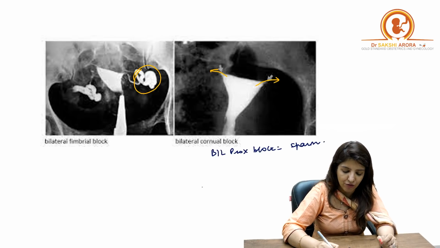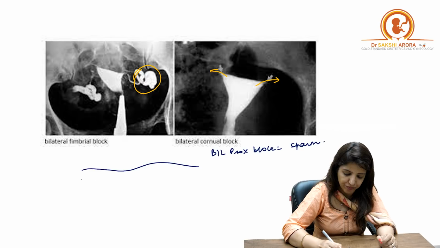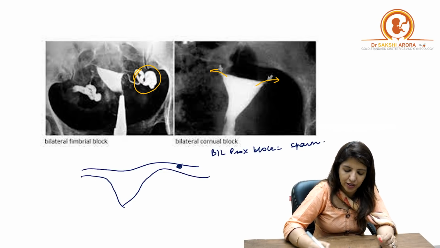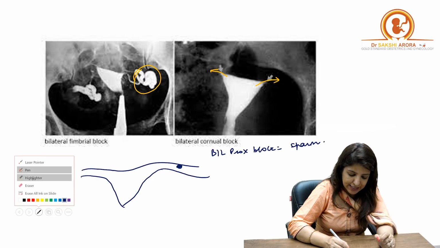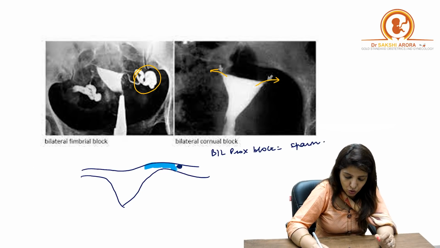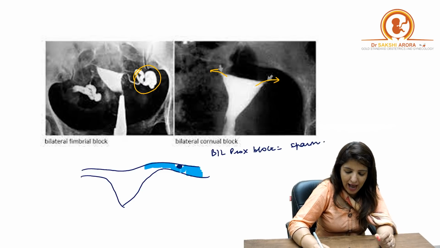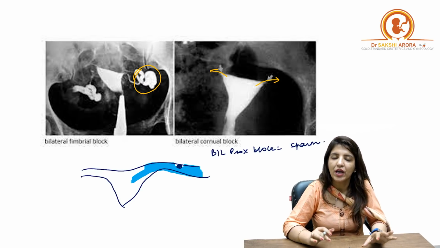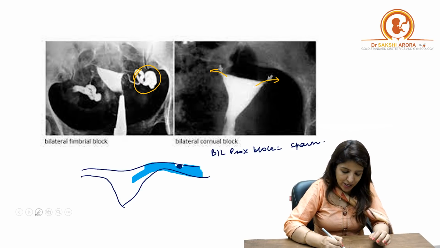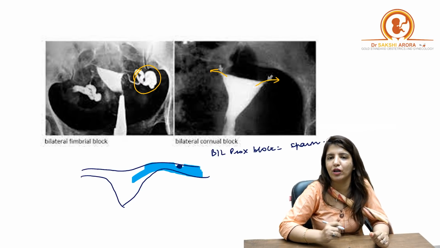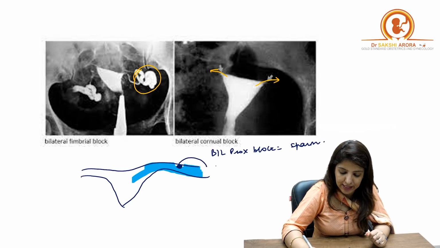Now suppose it is a tubal polyp, right? Suppose there is a polyp over here. If I pass a dye, the dye is going to go around the polyp and inside the tube. So on HSG, the dye will be everywhere except where the polyp was, and this will be seen as a filling defect.